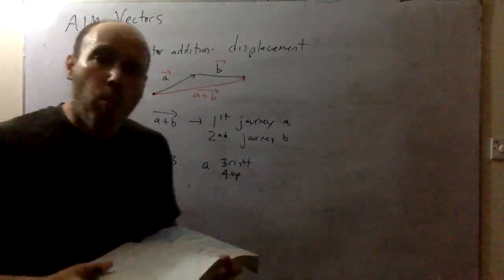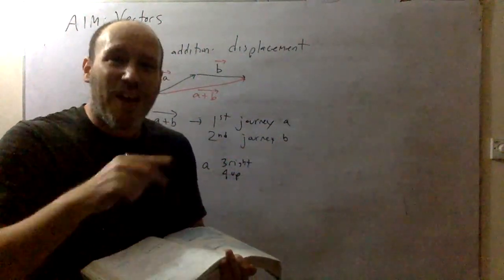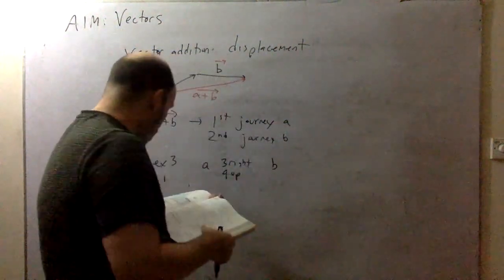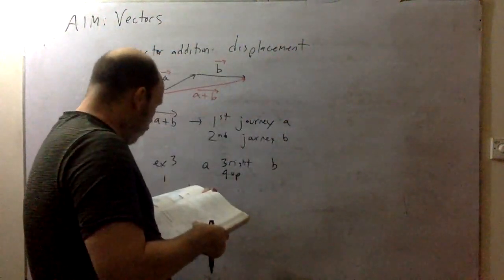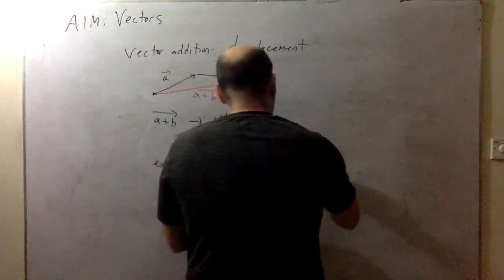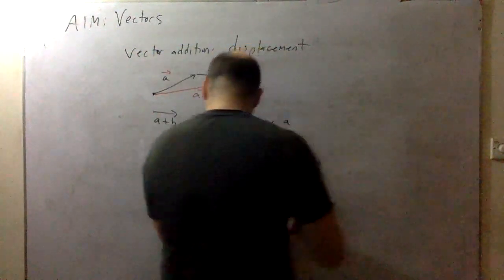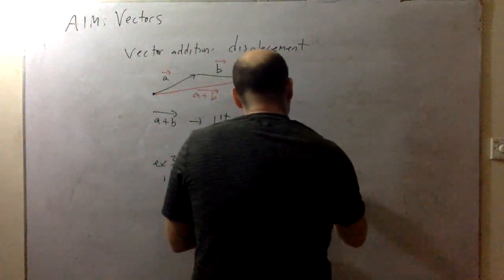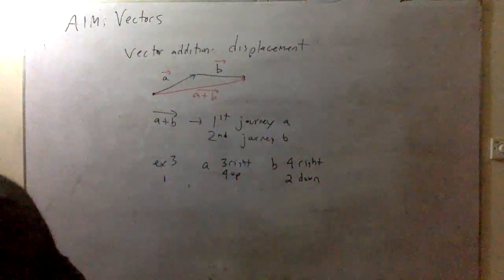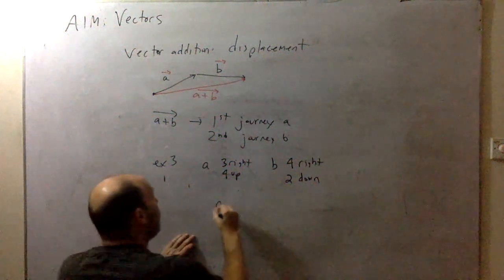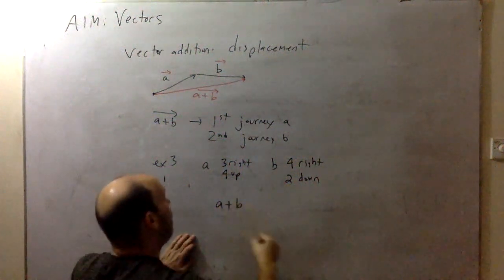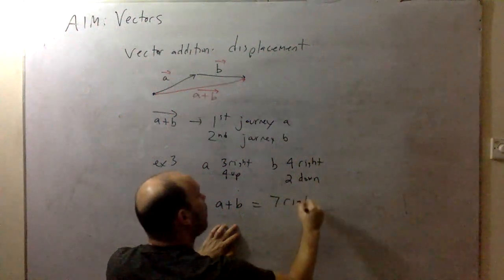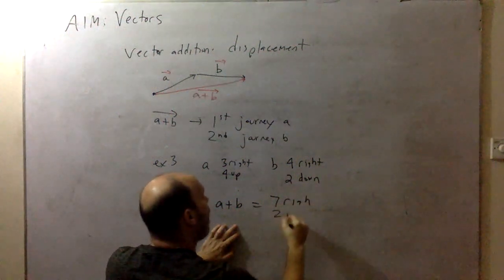And I want you to think about what this graph tells us about journey B. Journey B says go 1, 2, 3, 4 to the right and 2 down. So A plus B is equal to 7 to the right and 2 up.